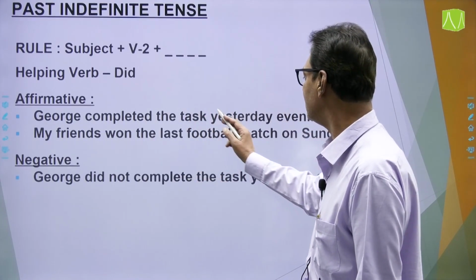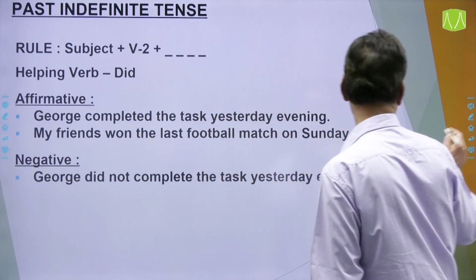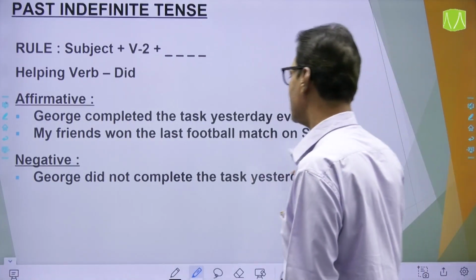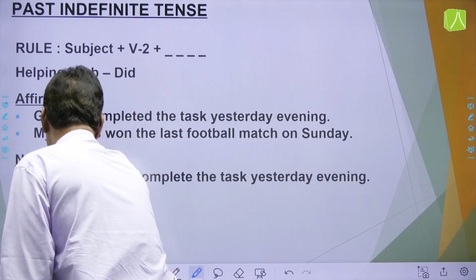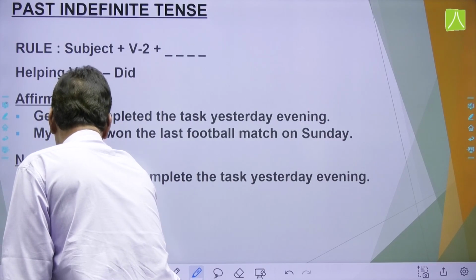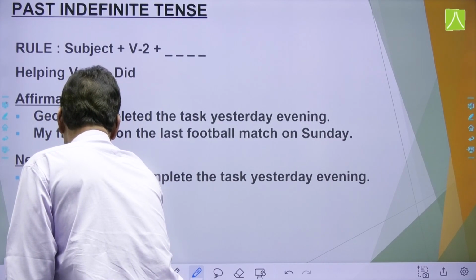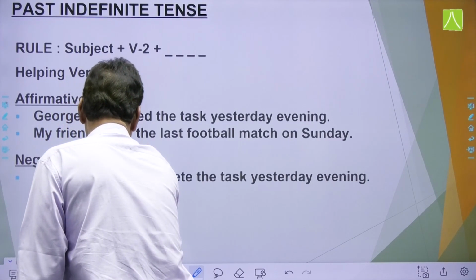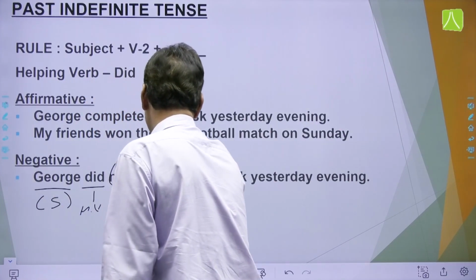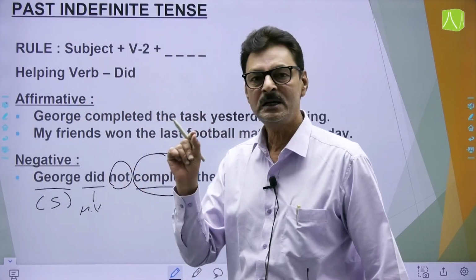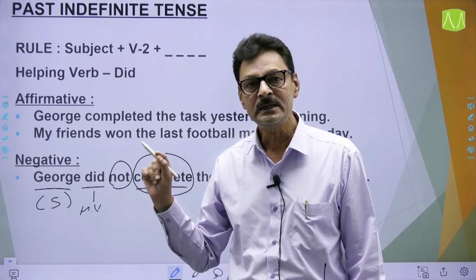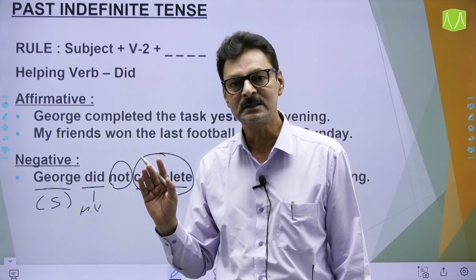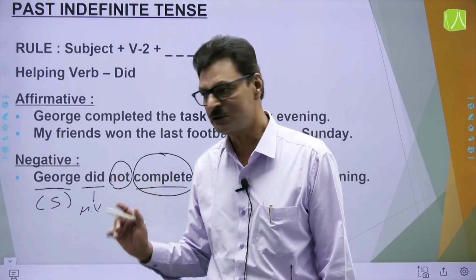Now, we'll make the sentence negative. So, George completed the task yesterday. George did not complete the task yesterday. So, this is the subject. ये subject है. This is the helping verb. This is the verb related to negative. And now, say this particular form. Students tend to make mistakes over here. ये वो जगह है जहाँ पे mistake करने के chances ज़्यादा रहते हैं बच्चों के.